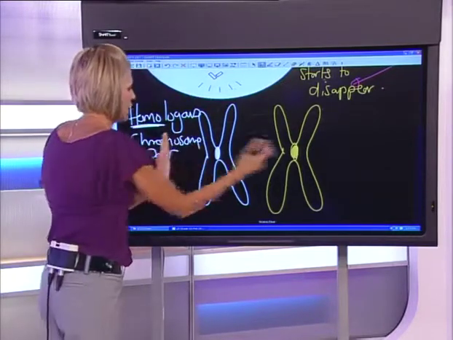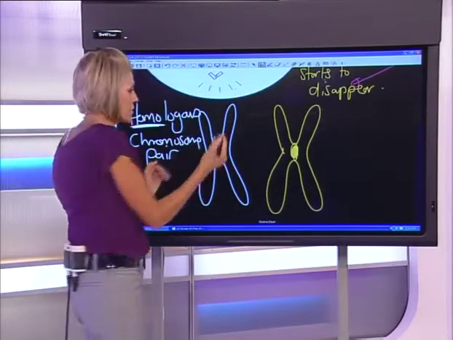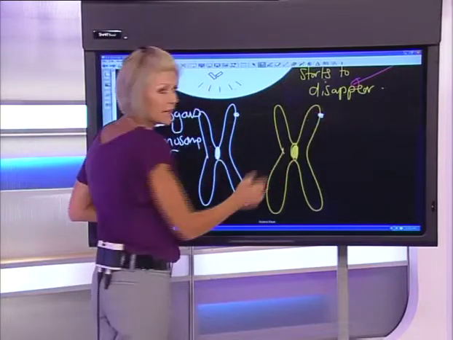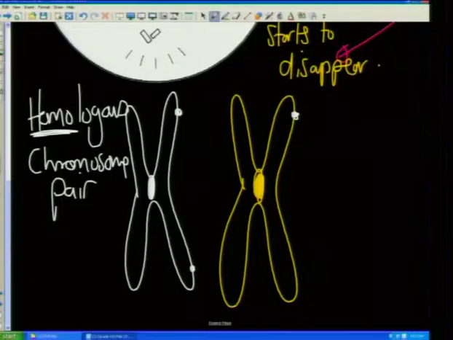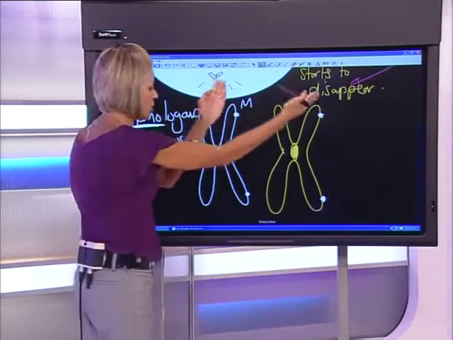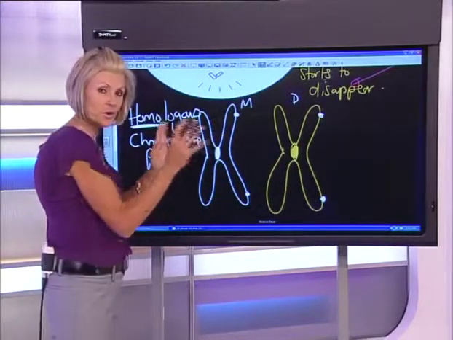Homologous, they are chromosomes that have the same genes on them. So this one will have a gene for eye color, this one will have a gene for eye color. This one will have one for a funny shaped toenail, and that one there you'll have a funny shaped toenail. This you got from your mom and this you got from your dad. They are a homologous pair of chromosomes because they have the same genes on them. Right, so people, you've got to remember it.